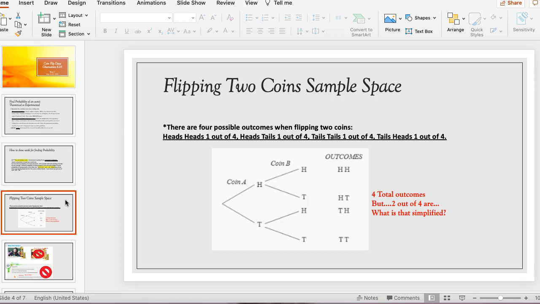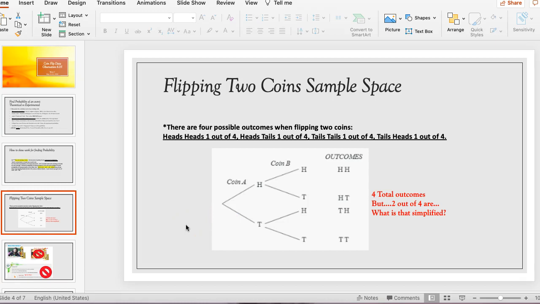Some people are getting confused thinking if you look at the table, there's 3 columns, so there must be 3 outcomes. That's actually wrong. There are 4 possible outcomes. If you look here at this graphic image posted, this is called the sample space.